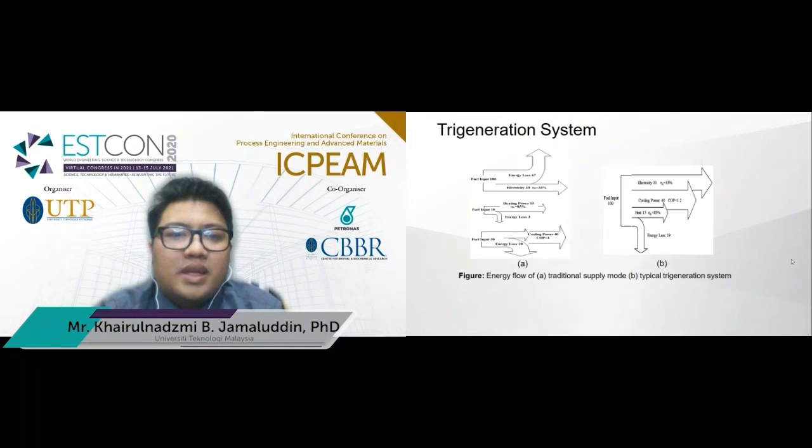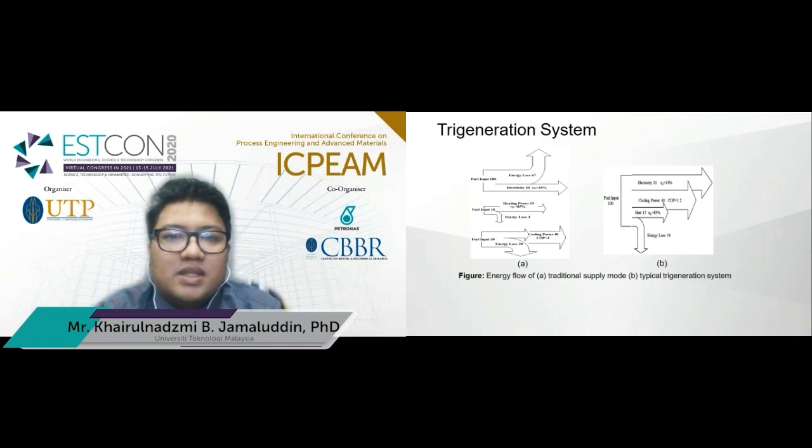So in A, the traditional supply mode, it consists of three different production of electricity, heating and also cooling, and the total input is required 148 to produce at the same energy as trigen system.